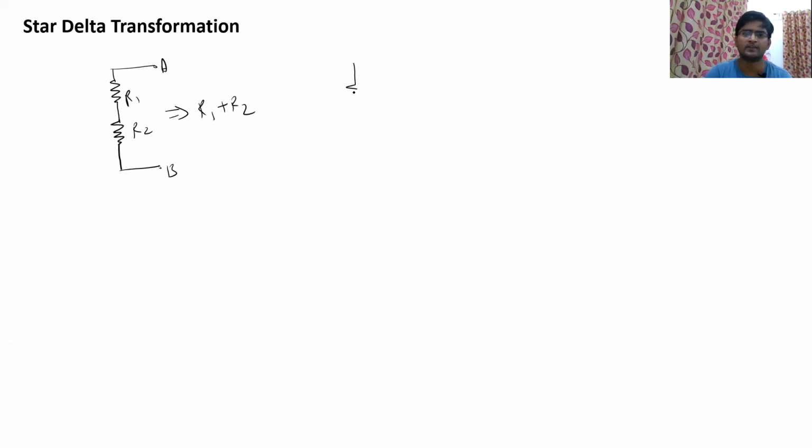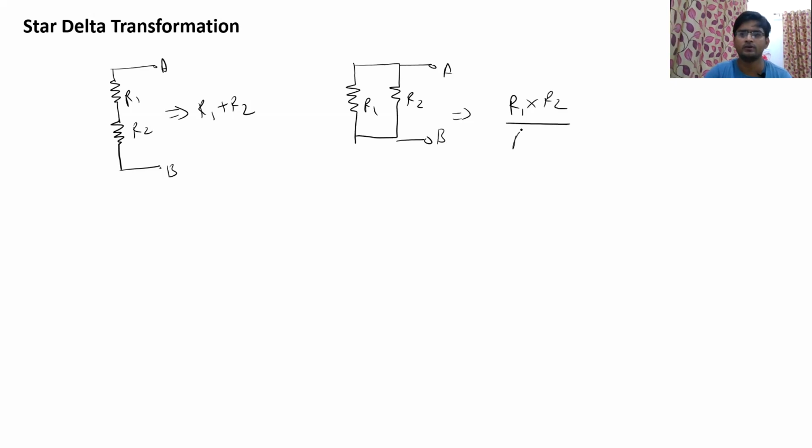Or for example, if the resistances are in parallel, we can directly get the equivalent resistance as R1 into R2 upon R1 plus R2. Similarly for inductor and capacitor cases. But sometimes some special cases arise where we need to apply some different rules. And what are those special cases? Let's see.